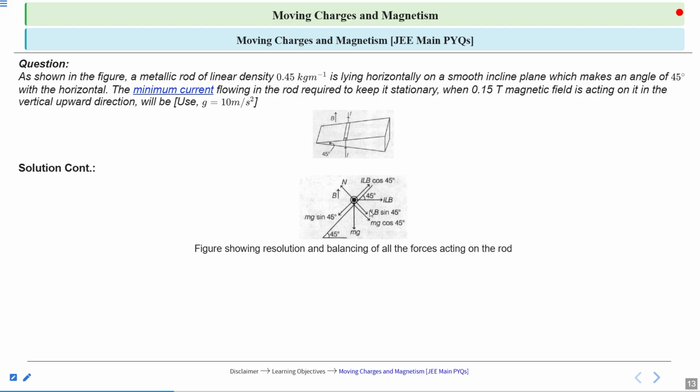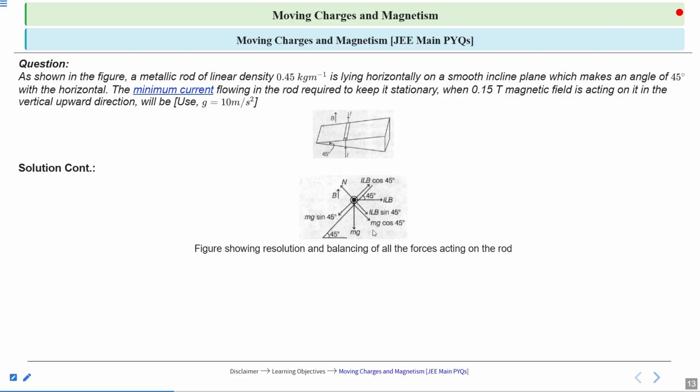Force is resolved. Now, the rod has some mass, due to which there is weight mg always acting vertically downward. So now we can resolve mg also. According to geometry, you can find this angle is also 45 degrees.